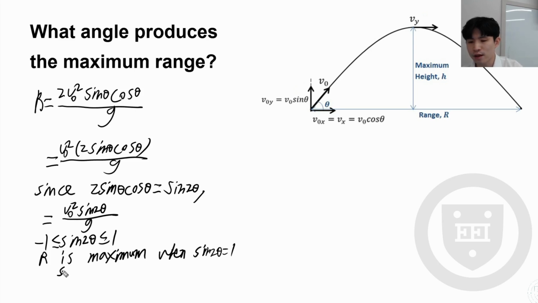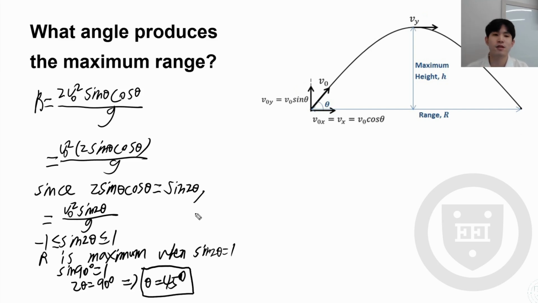And we know that sine 90 is equal to 1. That means 2 theta is equal to 90 degrees. So theta is 45 degrees. This means that a launch angle of 45 degrees would give you the maximum range.